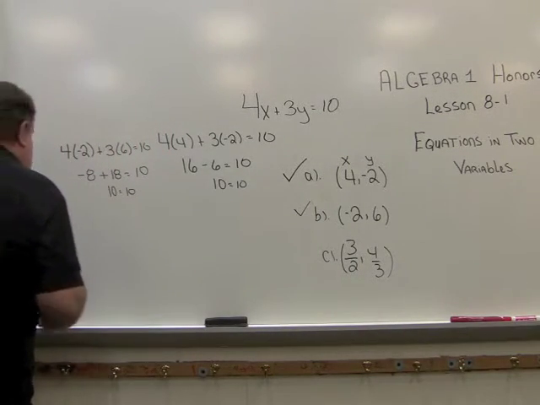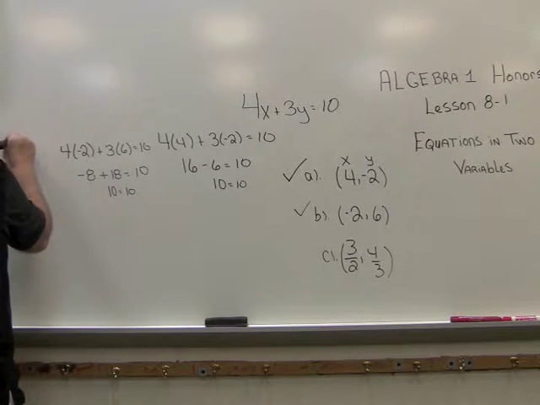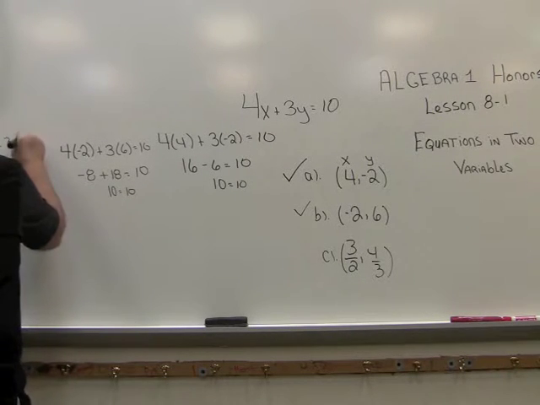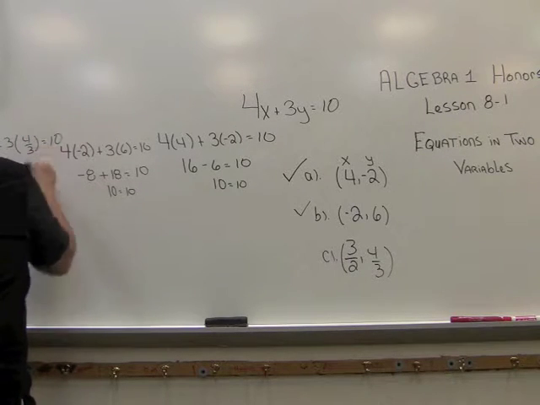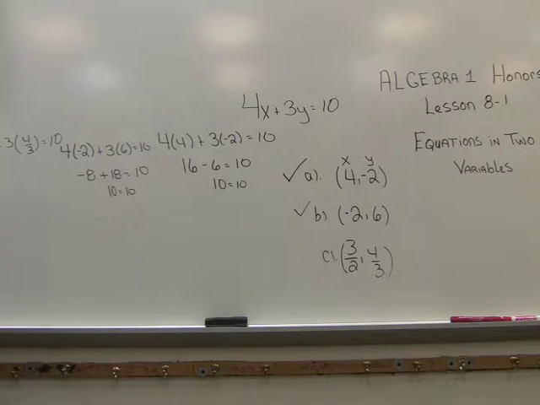If x is 3 over 2, so I have 4 times 3 over 2 plus 3 times 4 over 3 equals 10. Now, as you can see, 4 times 3 over 2, we can cross multiply because what this actually means is 4 over 1 times 3 over 2.